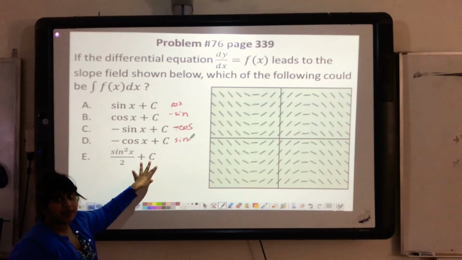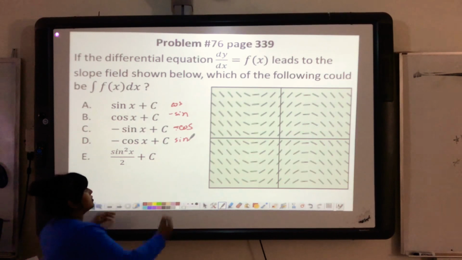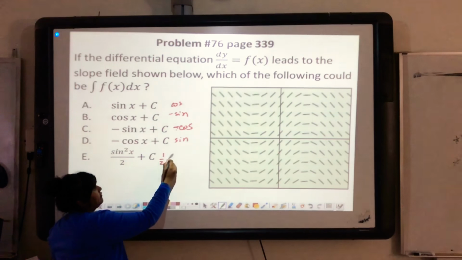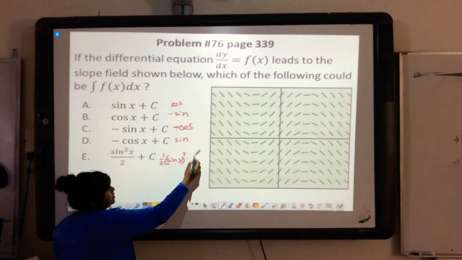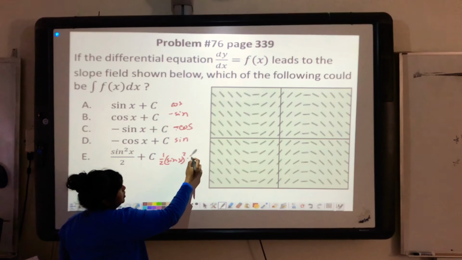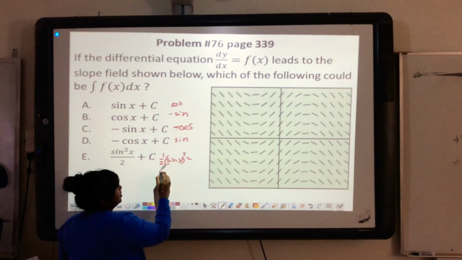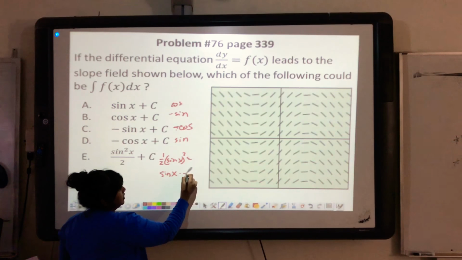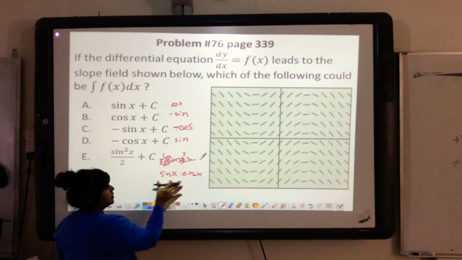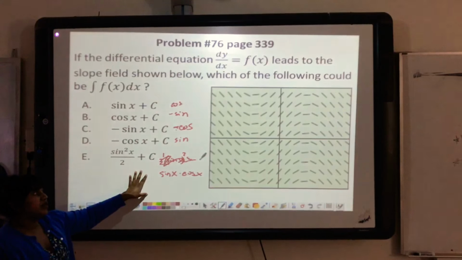Okay, we can kind of figure out this last one, but this one's going to be, what, 1/2 times sine x squared times, so we derive that, and that actually becomes, my 2 comes down, so that becomes sine of x times the derivative of sine, so times cosine x. So the derivative down here is sine x cosine x, and from there we can just extrapolate.